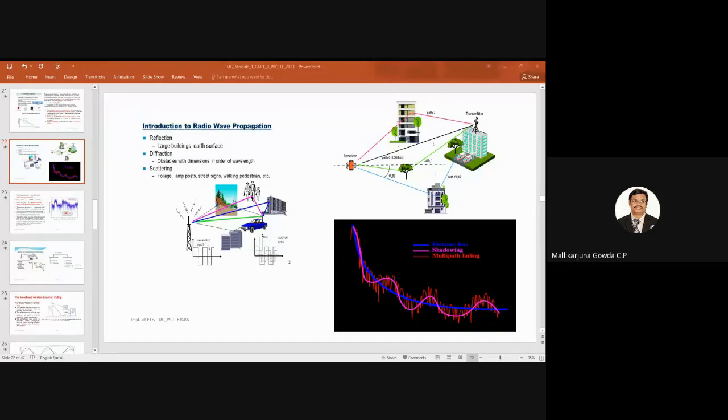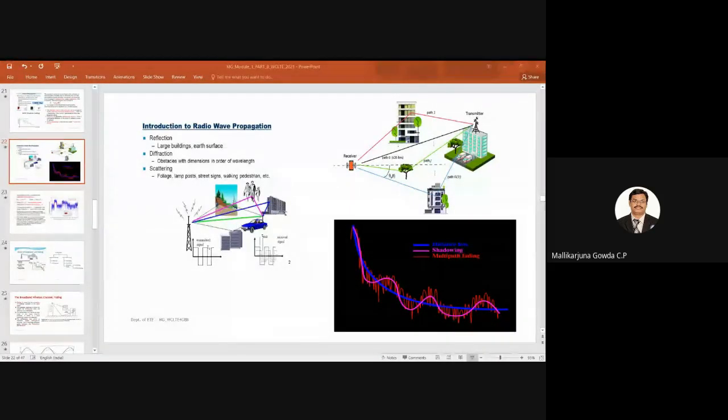Each path may take its own time, depending upon the distance. So I will be receiving multiple versions of the same signal at the receiver. Hope you got this point. This is known as fading.